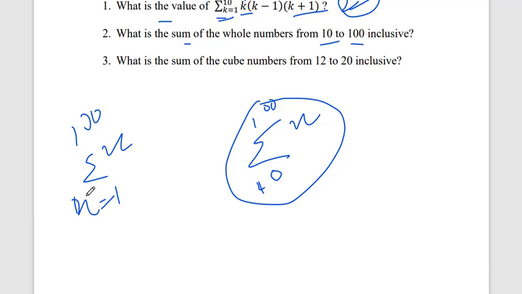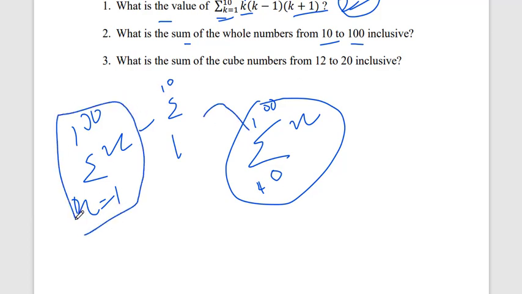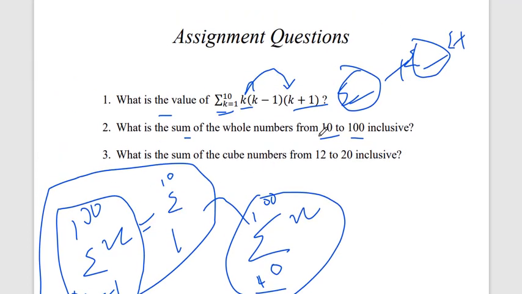If we take the summation of 1 to 100 and also the summation of 1 to 10, we can subtract them, so we get the value of the summation from 10 to 100. So you can use this formula to solve these two different questions.